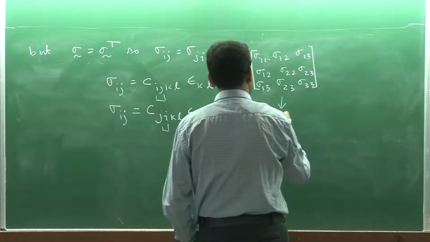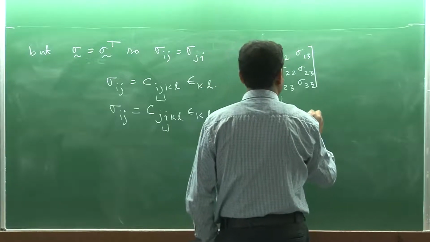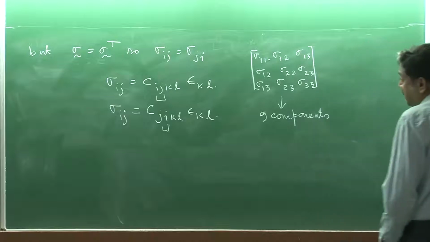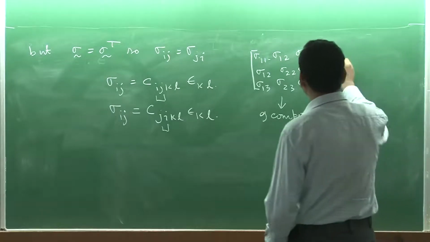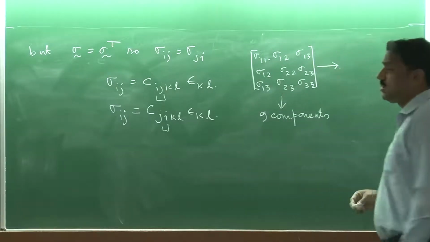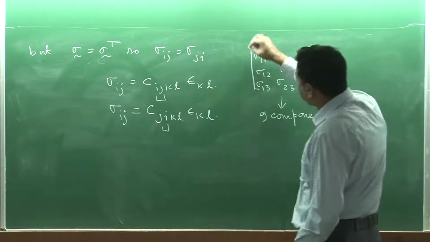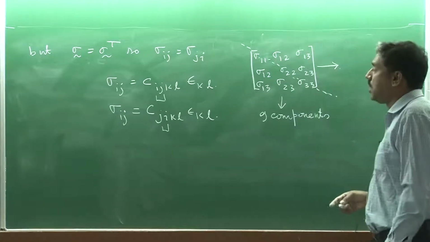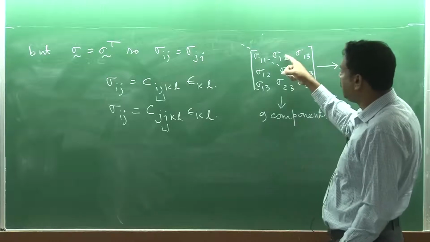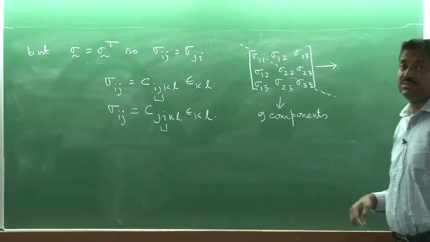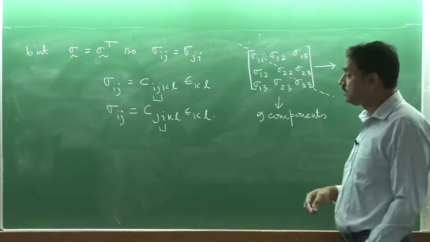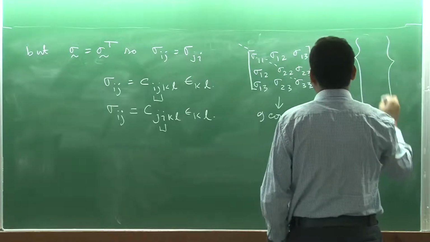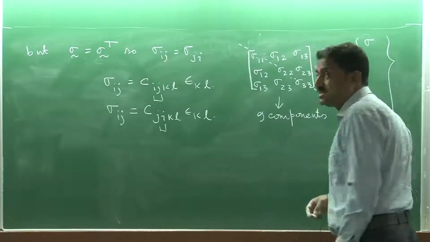But although it has 9 components, essentially it is 6 components, because the lower triangle is the same as the upper triangle because of the symmetry.